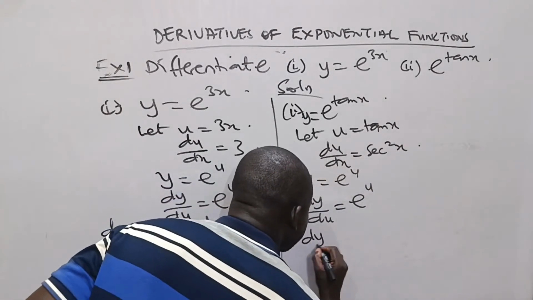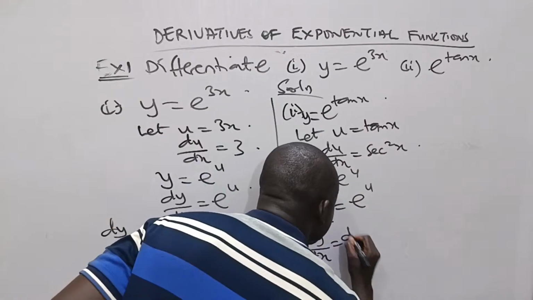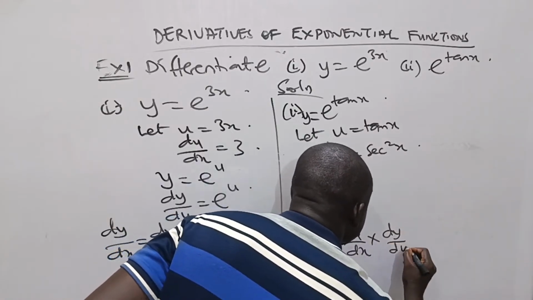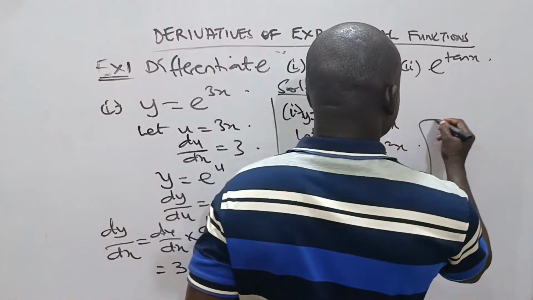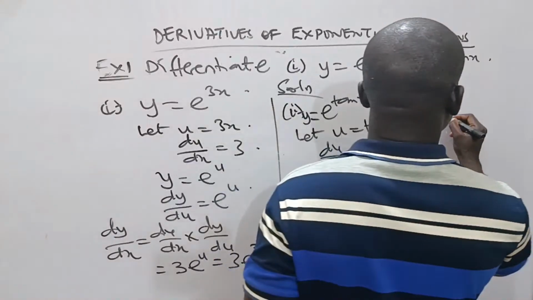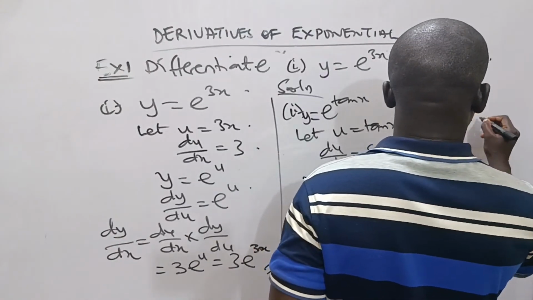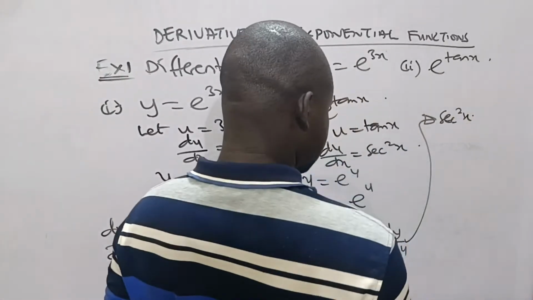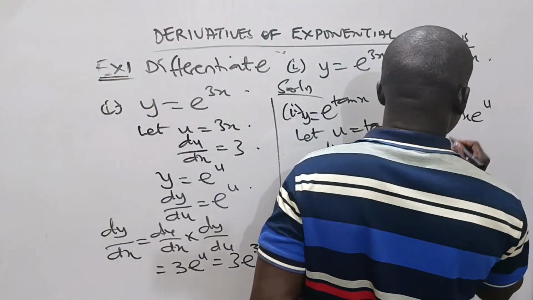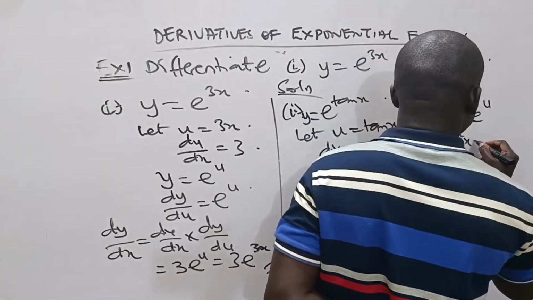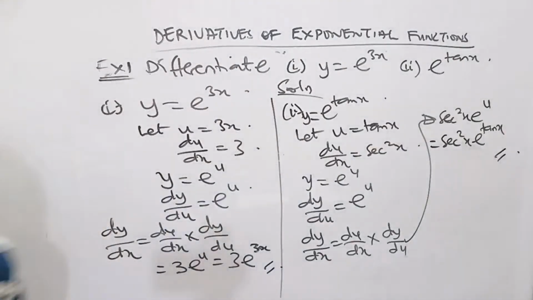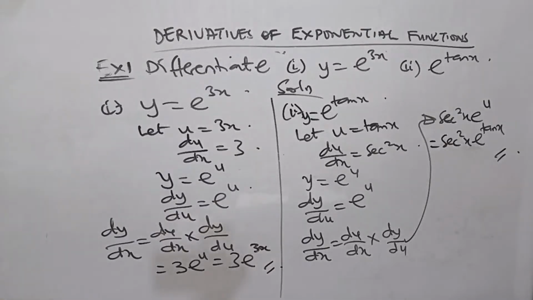So dy/dx will be du/dx multiplied by dy/du. Du/dx is sec squared x, multiplied by dy/du, which is e^u. At the end of the day, we have sec squared x times e raised to tan x. That's what we are going to get.